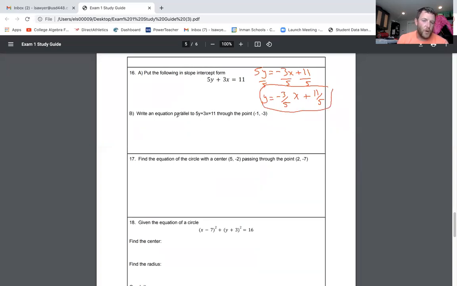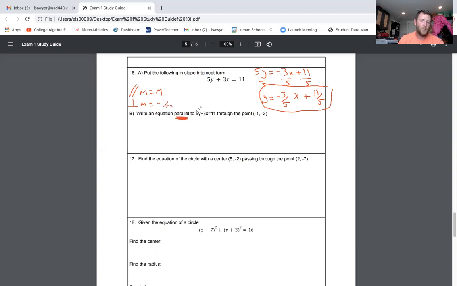Now the next one, write an equation parallel. Okay, so there's going to be a couple different options for you to get on this test. Some of them will be parallel, some of them perpendicular. Remember, anytime it's parallel, m is equal to m. Anytime it's perpendicular, m is equal to -1 over m. It's the negative reciprocal.